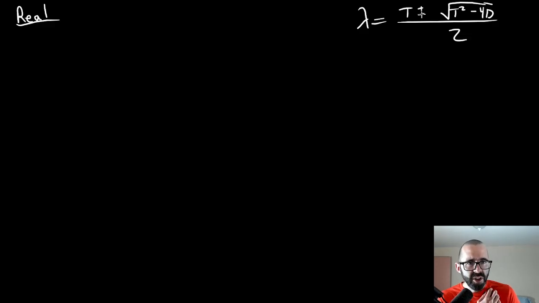And it's a little confusing because we have this plus or minus, so the relative size of each of these quantities really matters. If t is bigger than this square root and positive, they'll be the same sign. Or if it's bigger in magnitude and negative, they'll also be the same sign. But if t is relatively small compared to this square root, then they'll be opposite signs.